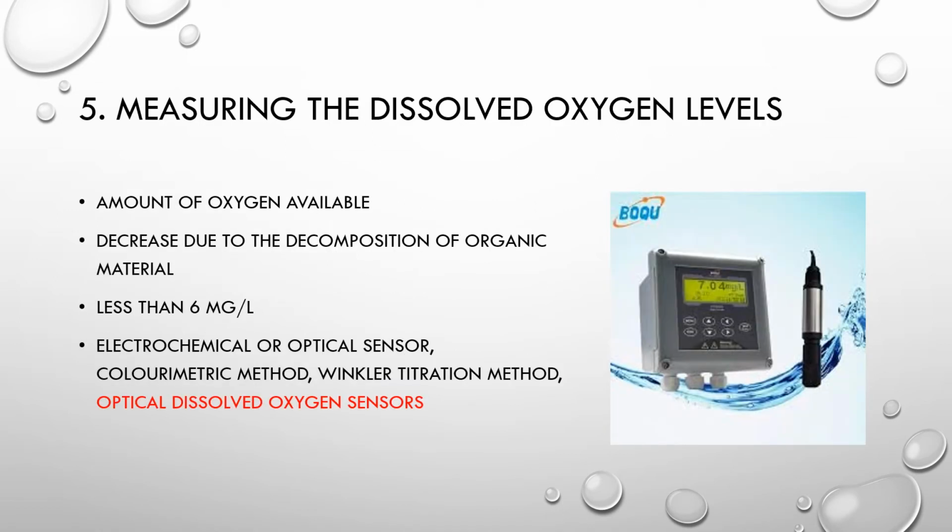Fifth is measuring the dissolved oxygen levels. This is a measure of the amount of oxygen available to the flora and fauna. Oxygen levels decrease due to the decomposition of organic material. Normally, a DO level in the water of less than 6 mg per liter can be harmful.